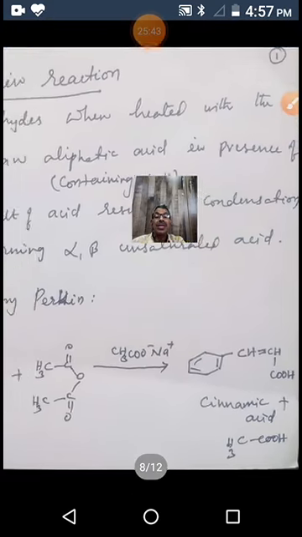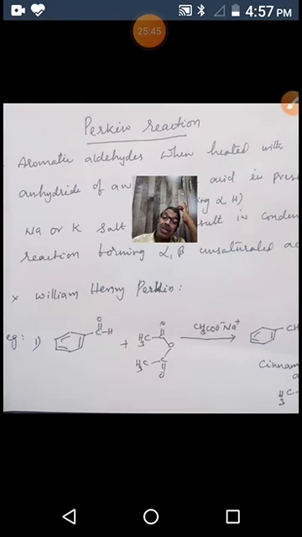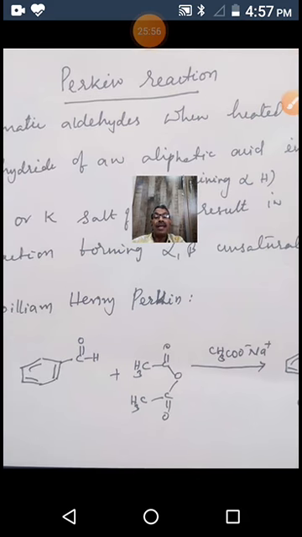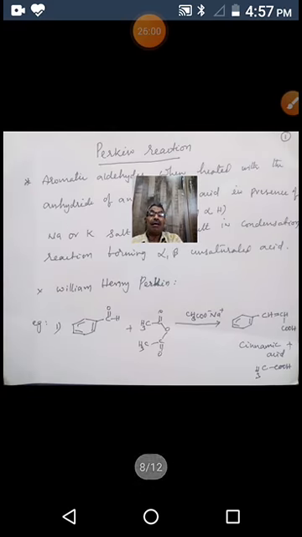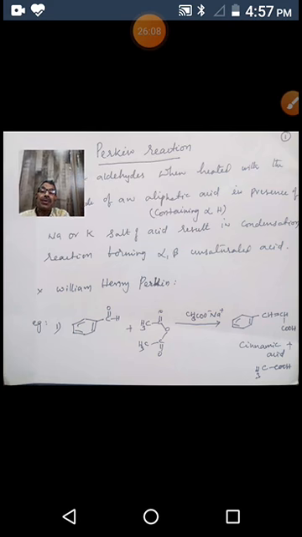So this is the net reaction. Benzaldehyde reacts with acetic anhydride, not only acetic anhydride, any anhydride which has alpha hydrogen, in the presence of a strong base like sodium acetate, and gives cinnamic acid or the concerned derivative of cinnamic acid plus the acid of the corresponding anhydride. This is the Perkin reaction. It's clear.